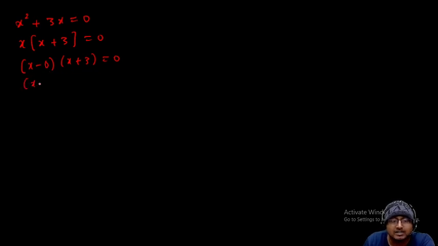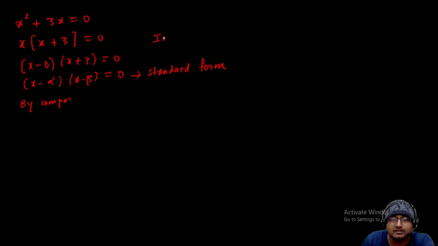So this can be compared with x minus alpha into x minus beta is equal to 0. By comparing, this also is a standard form in the factorization method. So by comparing both the equations, this one and this one, what will we get?